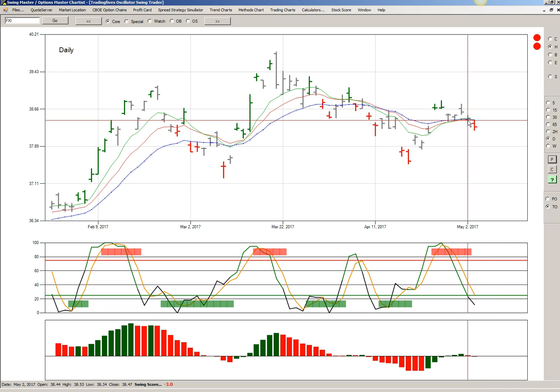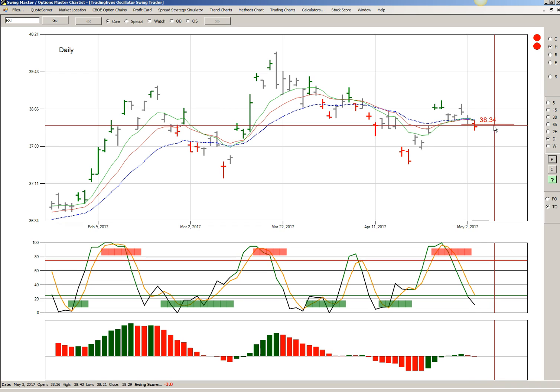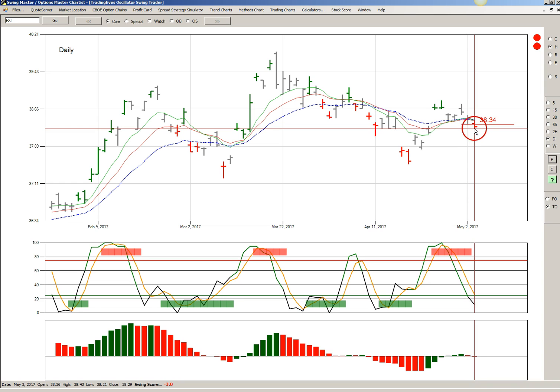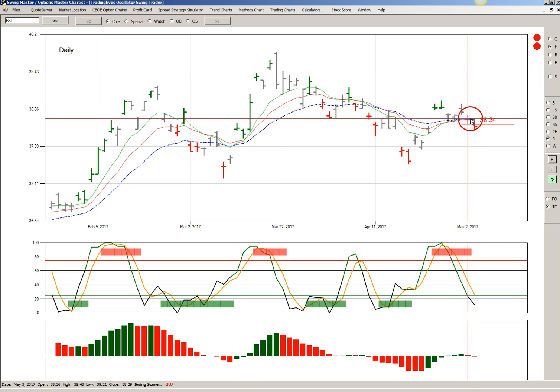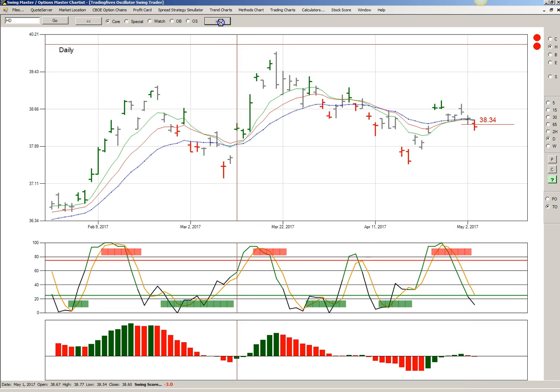You put the cursor right on the bar and right click, and 38.34 becomes the price level below which triggers the sell signal. This is FXI, the China large caps, and the signal bar came yesterday and it executed today when FXI went below 38.34. And that's the first example.